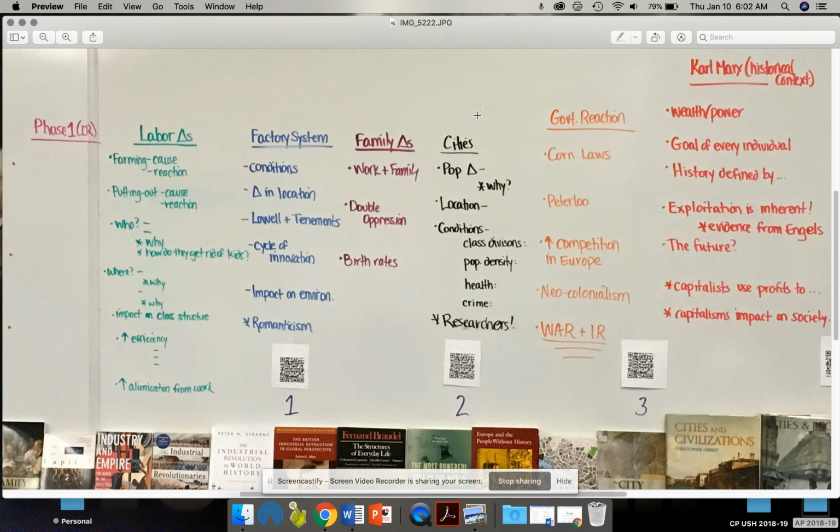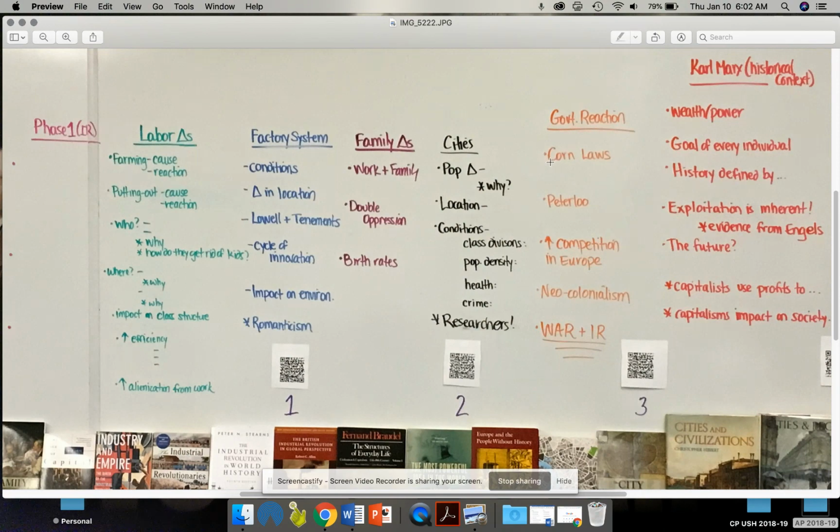What equals power? Having wealth and owning factories. And you don't need a lot of land to do that. So one of the government reactions early on is going to be to pass laws to protect this whole idea of land equals power, to protect the power of the nobles, of the landed feudal lords.